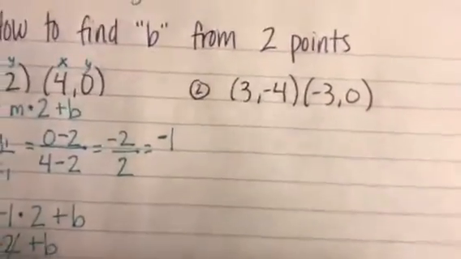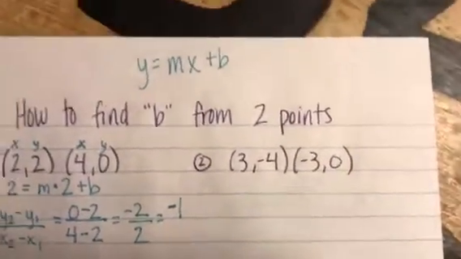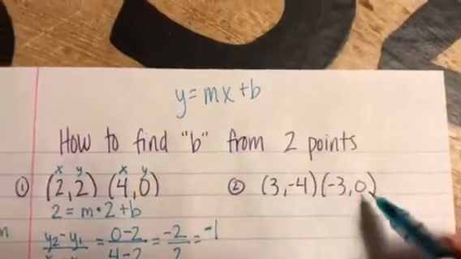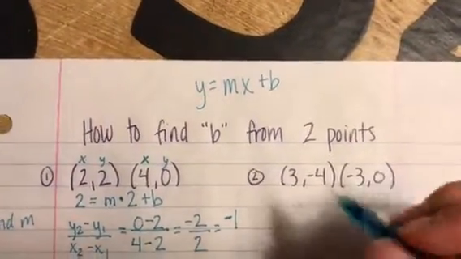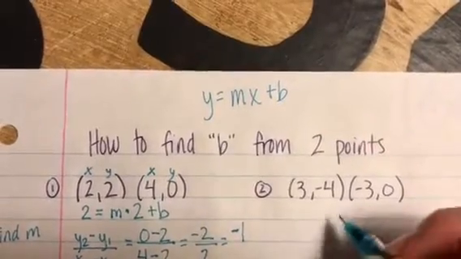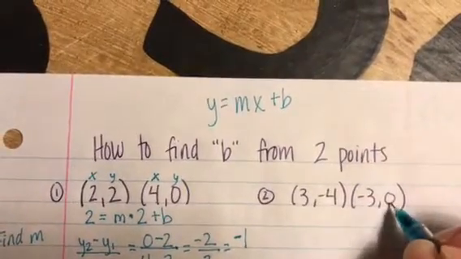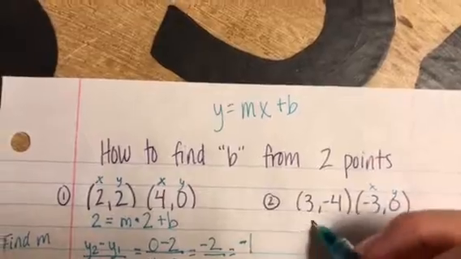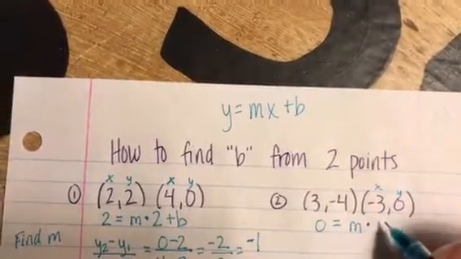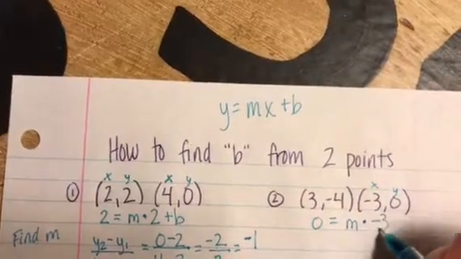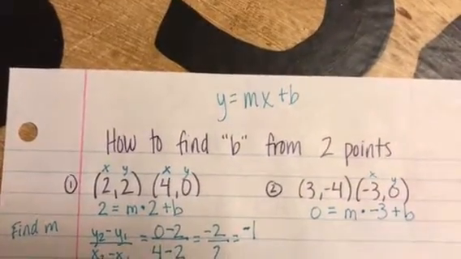Over here I have another set of pairs, and this time I will use the 0 just to show it's fine, you can use it. I'll plug in what we know. Y is 0 equals m, we don't know what that is yet, times x, which is negative 3, plus b.